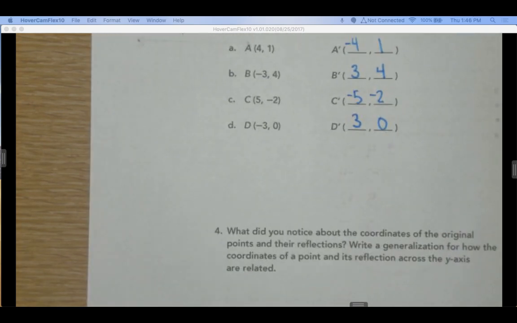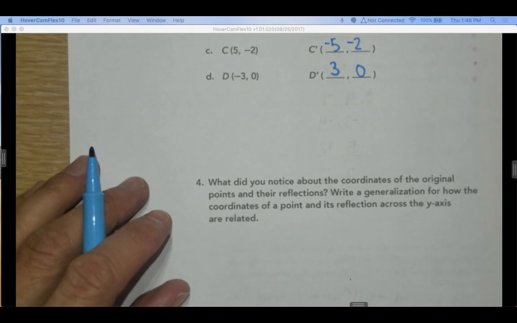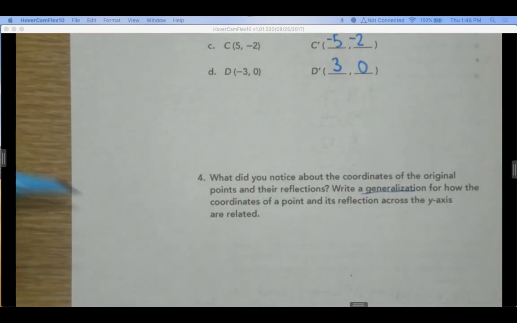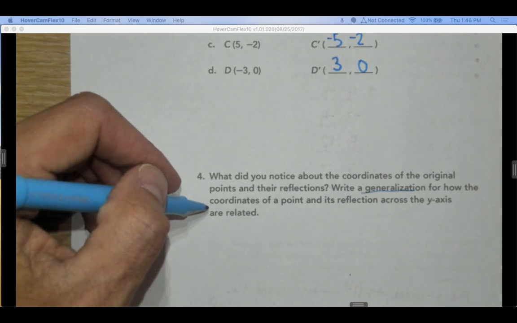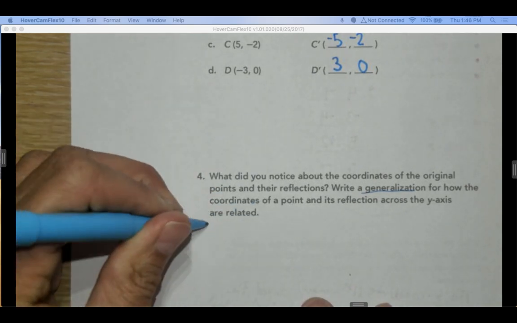What did you notice about the coordinates of the original points and their reflections? Right, a generalization, like what's true all the time, for how the coordinates of a point and its reflection across the y-axis are related.